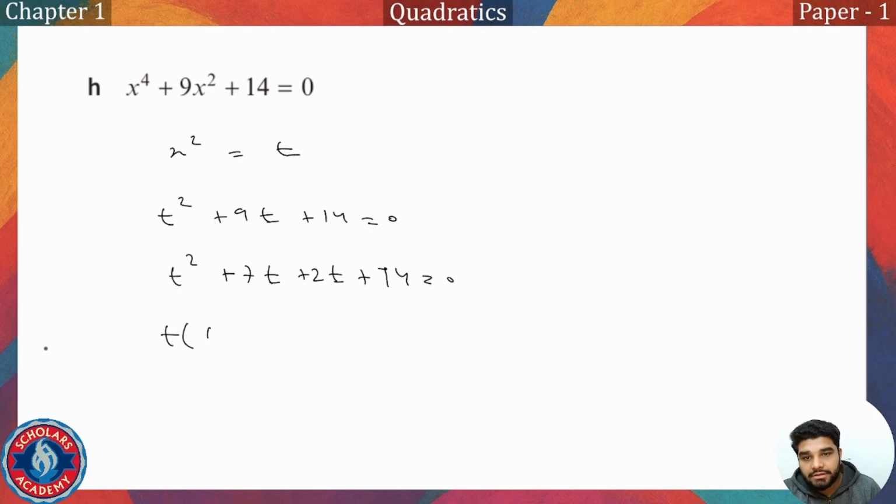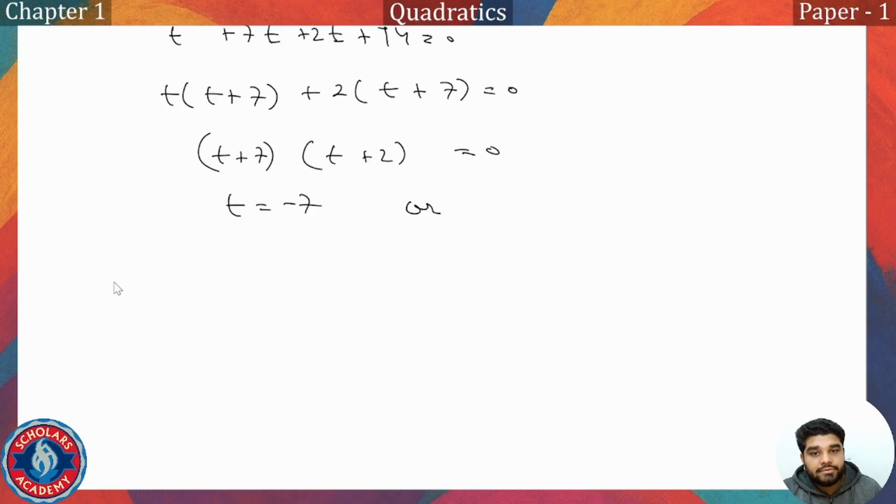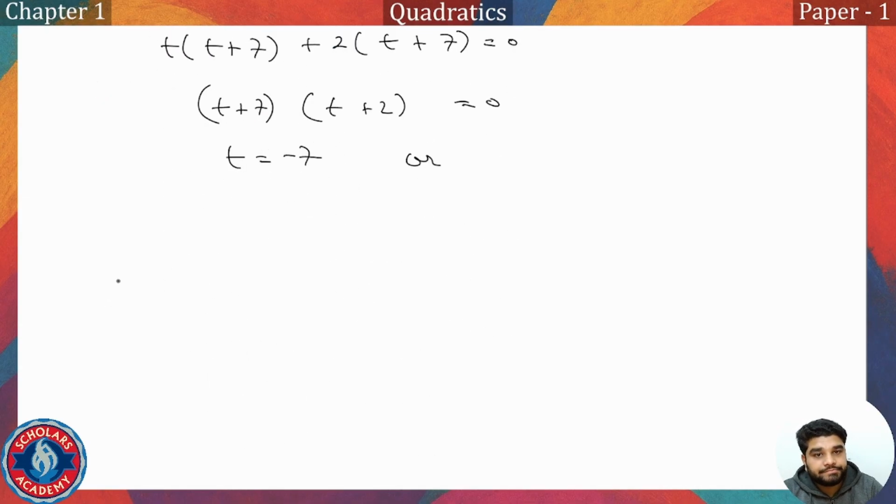We'll take t common, t plus 7, and we'll take 2 common, so t plus 7 is equal to 0. So t plus 7 and t plus 2 is equal to 0. So we get t is either equal to negative 7 or t is equal to negative 2.